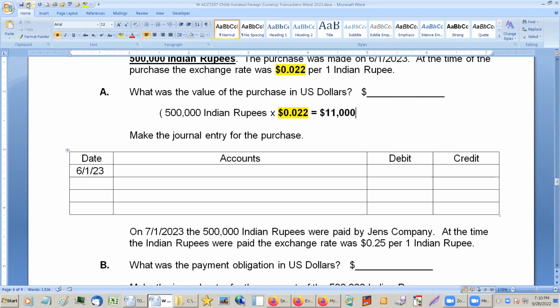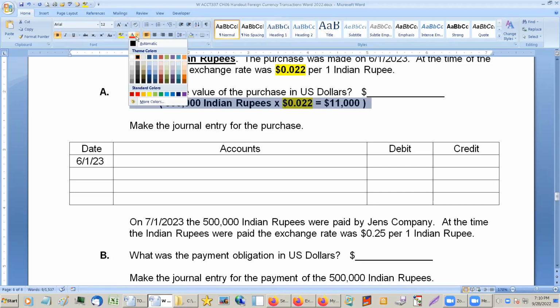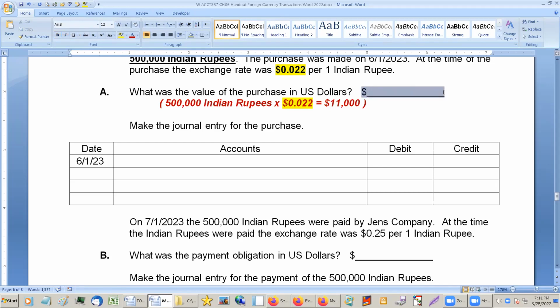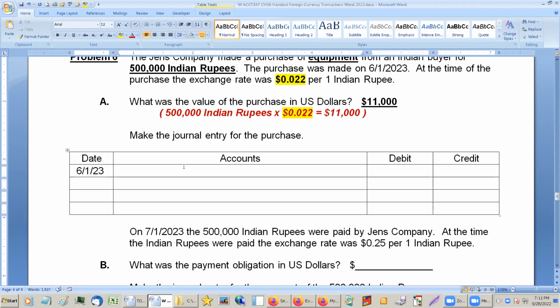So this equipment we bought, we have in the books for 11,000. So we're purchasing this, so our equipment will go up.